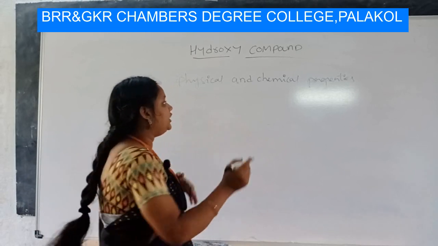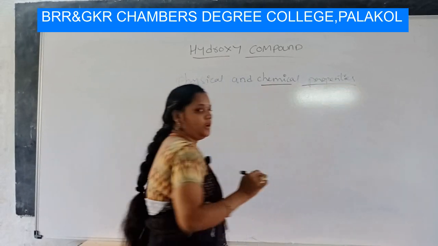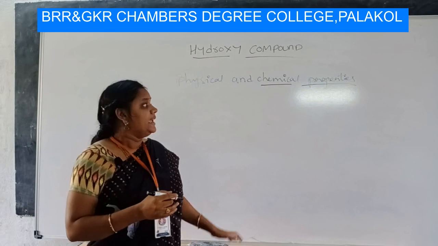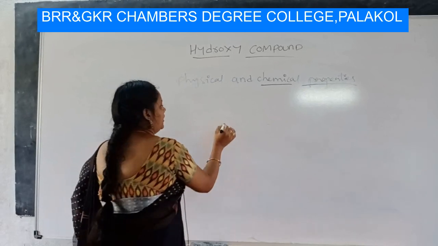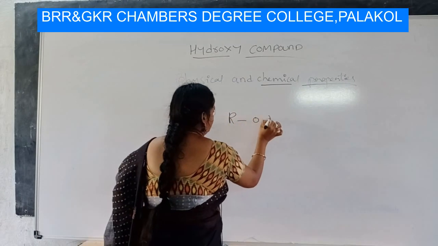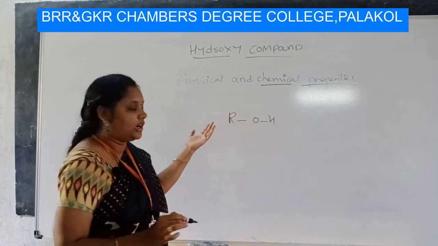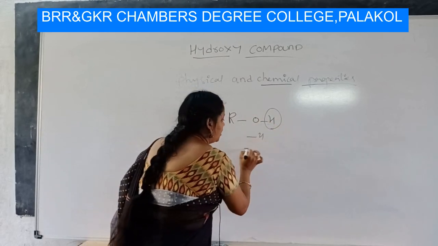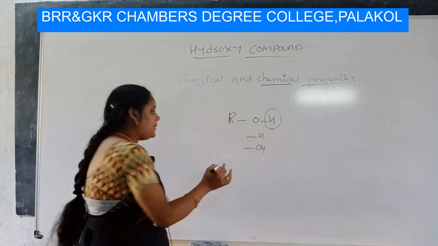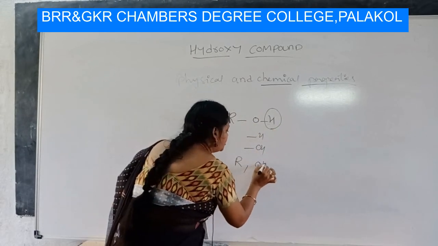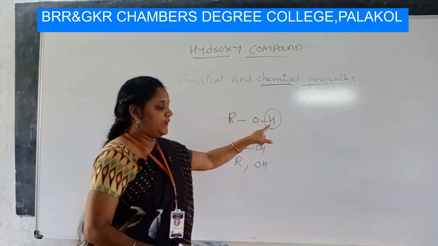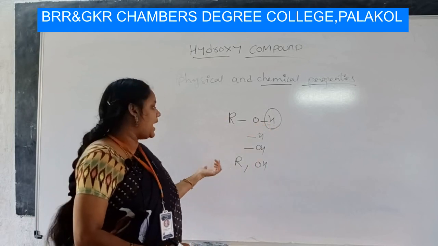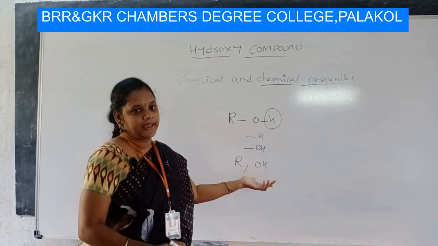Let us move into the chemical properties of alcohols. Alcohol is ROH, right? The chemical properties of alcohol may be due to the H, may be due to the OH group, or may be due to both R and OH groups.